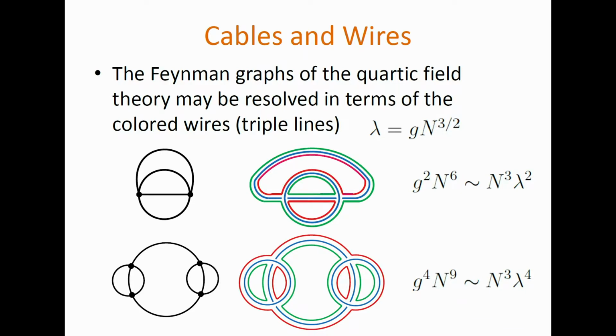Okay, then when you draw this graph in terms of the stranded notation, you see that there are two blue index loops, two red index loops, and two green index loops. So you get g squared times N to the 6, because each index loop gives us a power of N. Now, in this case, there are N cubed degrees of freedom, right?